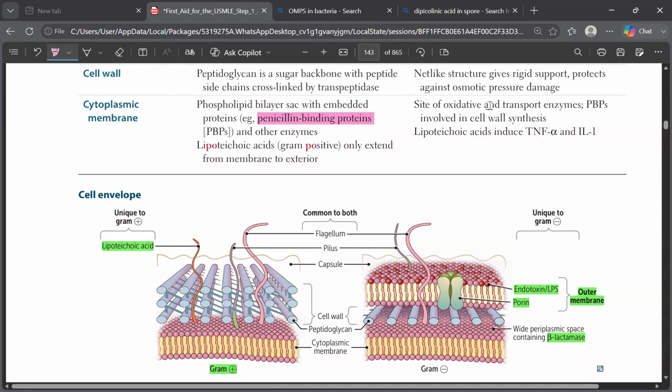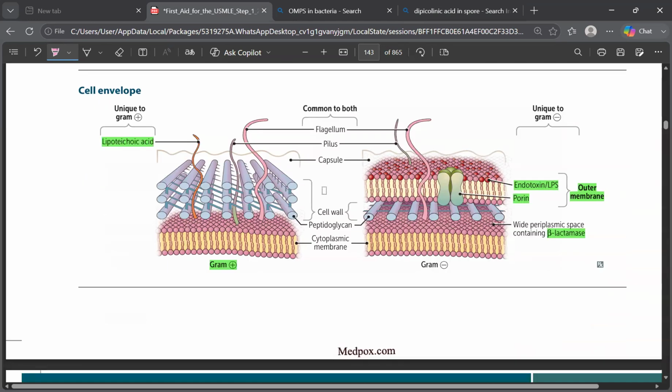It is a site of oxidative and transport enzymes. Penicillin binding proteins are involved in cell wall synthesis, and the lipoteichoic acids induce TNF alpha and IL-1.